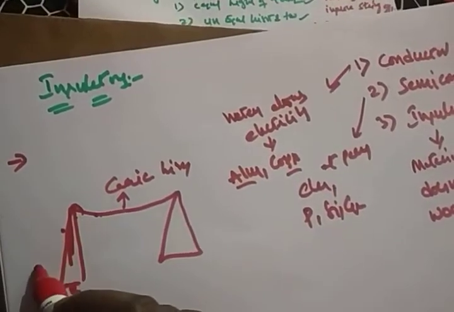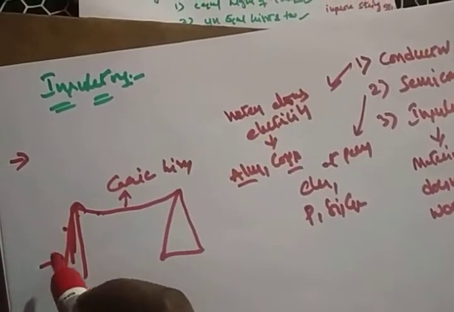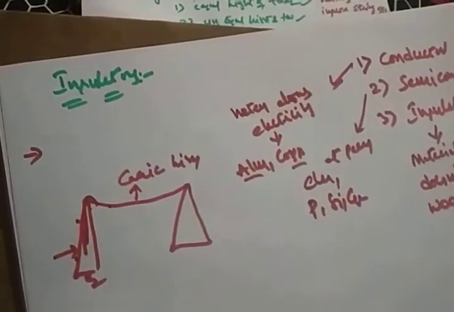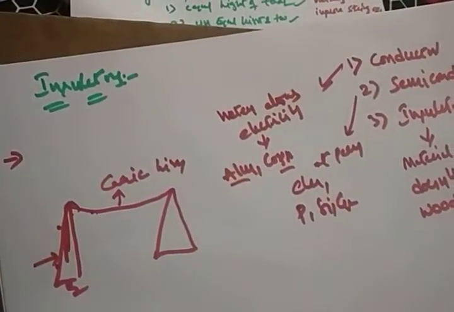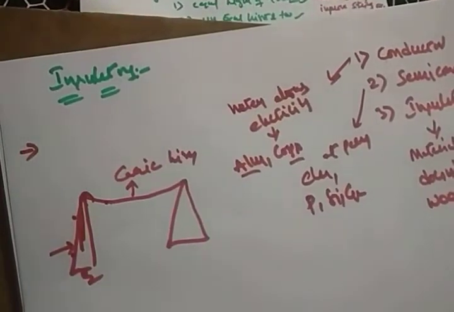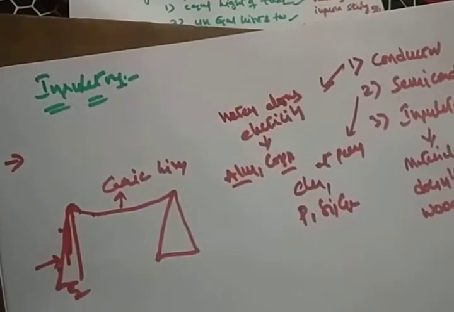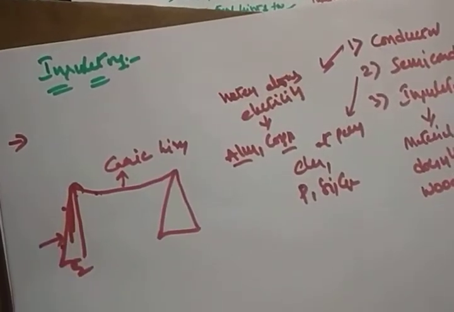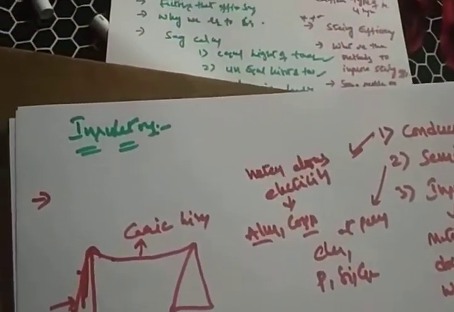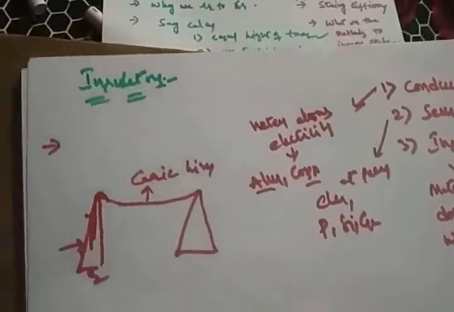So when a person touches these towers, the person will get a severe electrical shock. So we should take care that there must be proper insulation between the conductor and the supporters. That is the main idea why the insulator concept came.